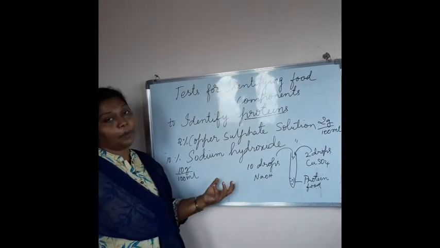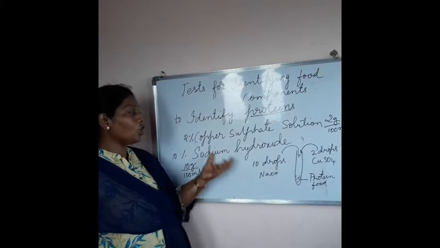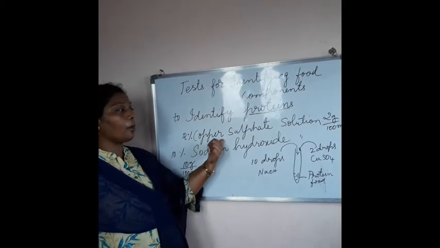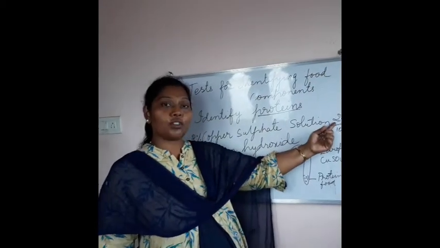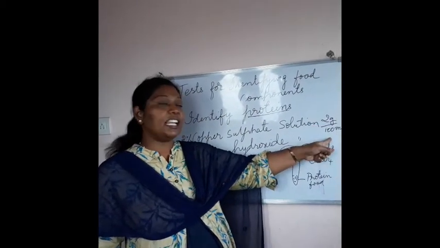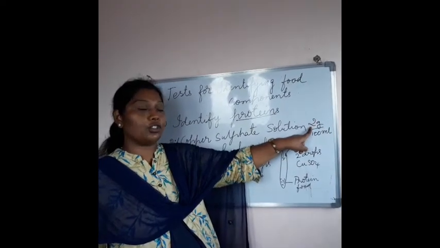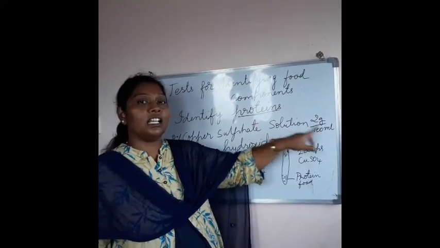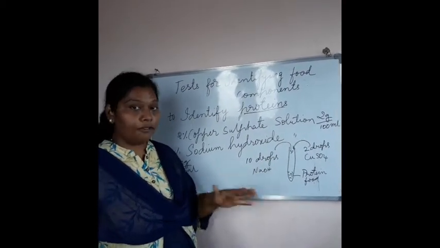How do we prepare them? If you want to prepare the 2% copper sulfate solution, you have to take 2 grams of copper sulfate in 100 ml of water. Then it is said to be 2% copper sulfate solution.